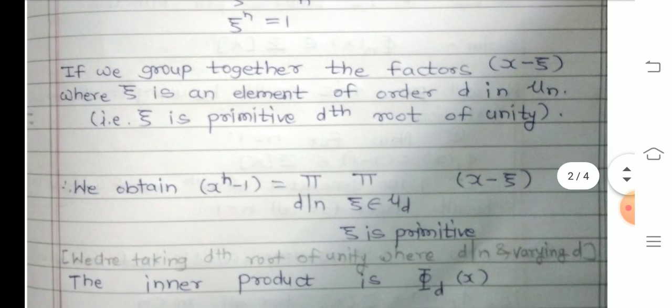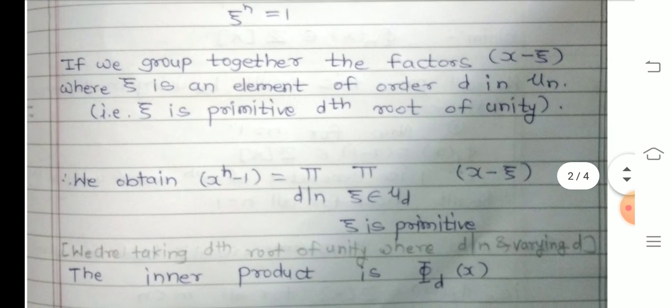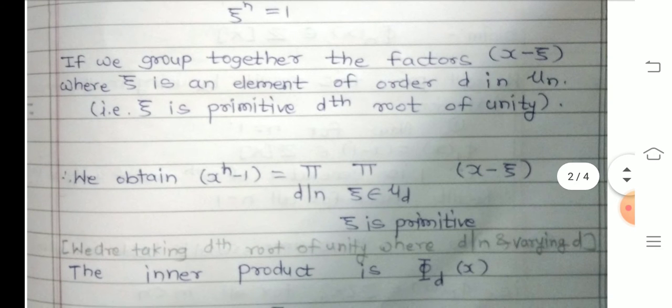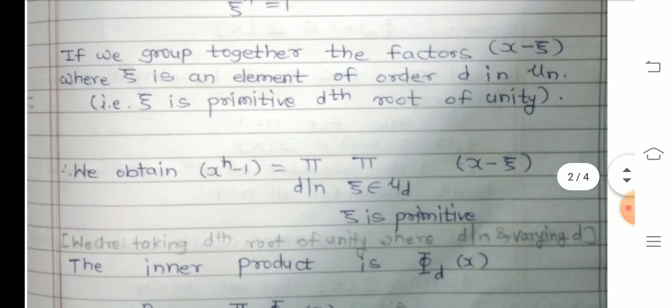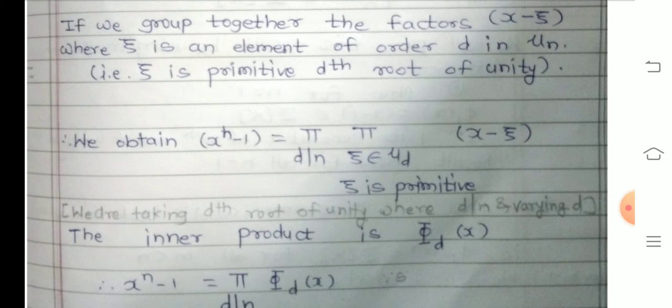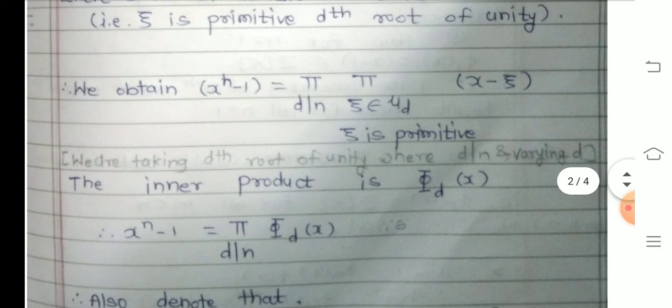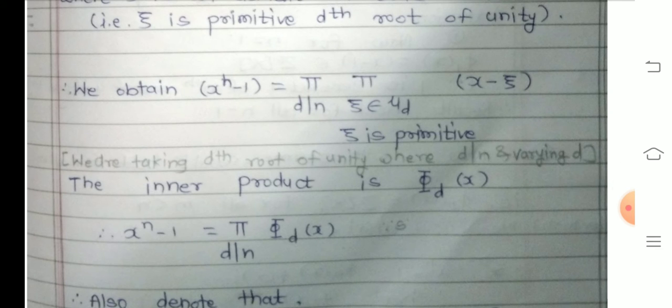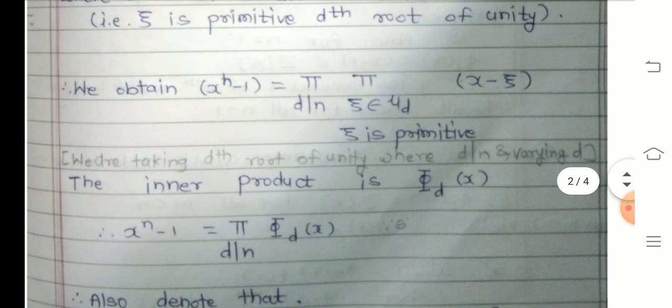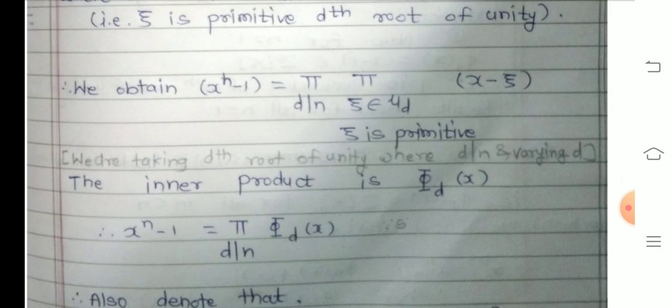We are taking dth roots of unity, where d divides n and varying d. Therefore, the inner product is Φ_d(x).